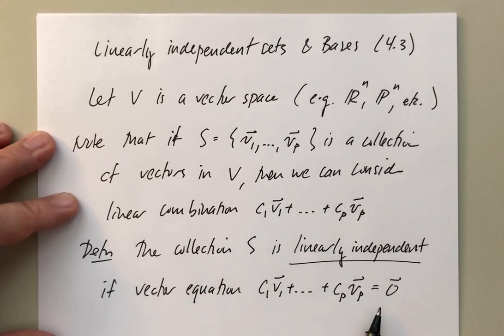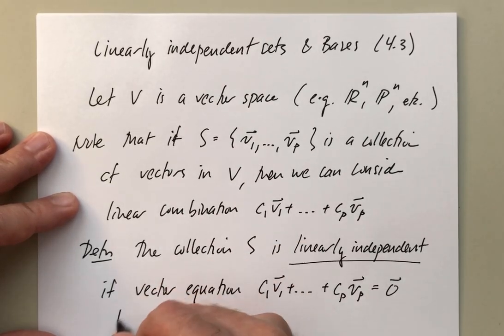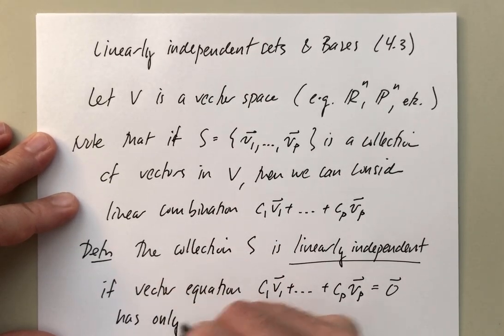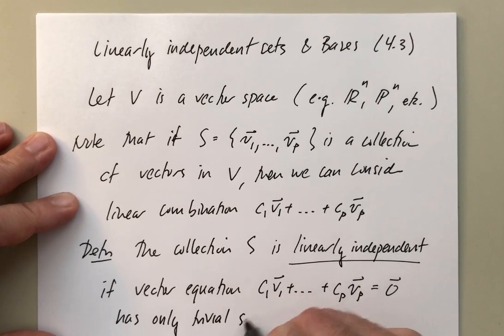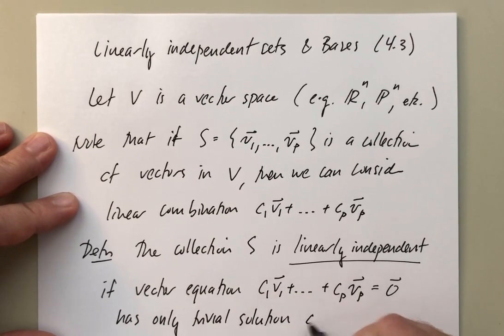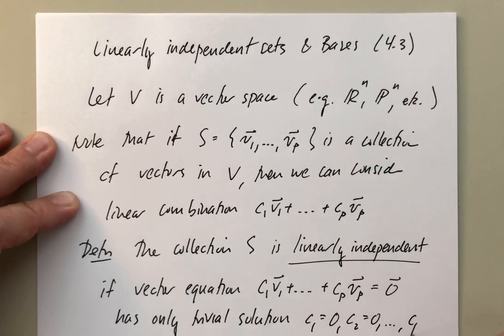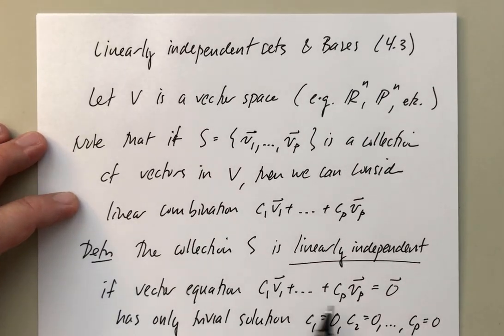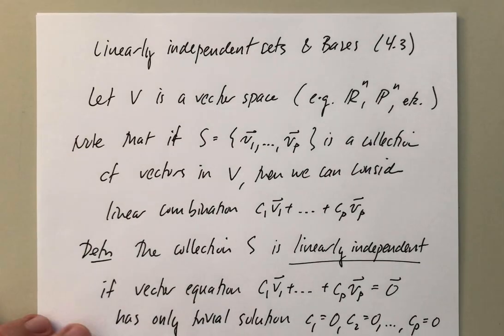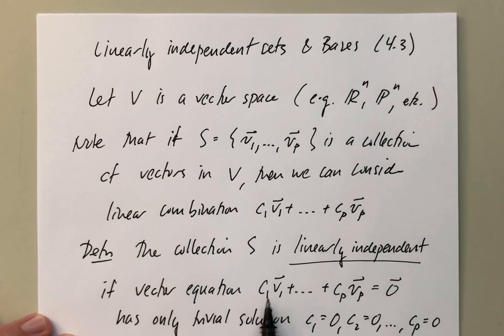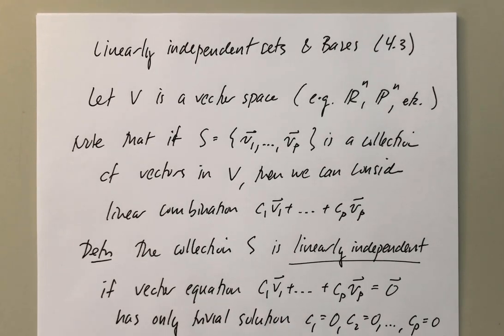And again, we know that there's a 0 vector that lives in a vector space V. If this vector equation has only the trivial solution, meaning I take c1 equals 0, c2 equals 0, everything 0. Because obviously if I take everything 0, one of the axioms says that if you take 0 times a vector, that always gives you the 0 vector, and so I'm adding up the 0 vector a bunch of times, that gives me the 0 vector.